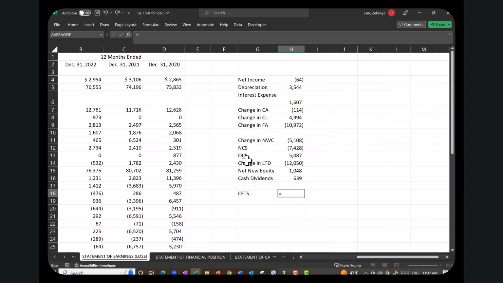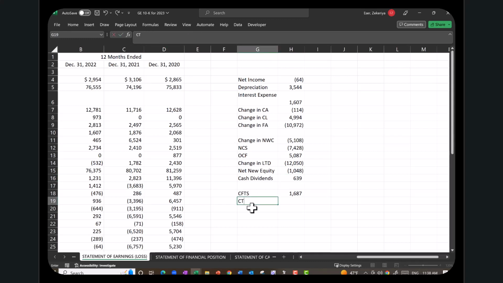All right, now dividends minus net new equity. Actually, no, this number was already negative. Okay.